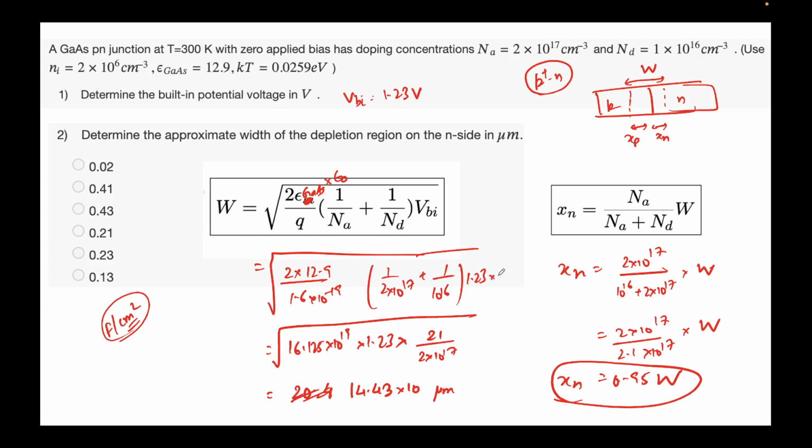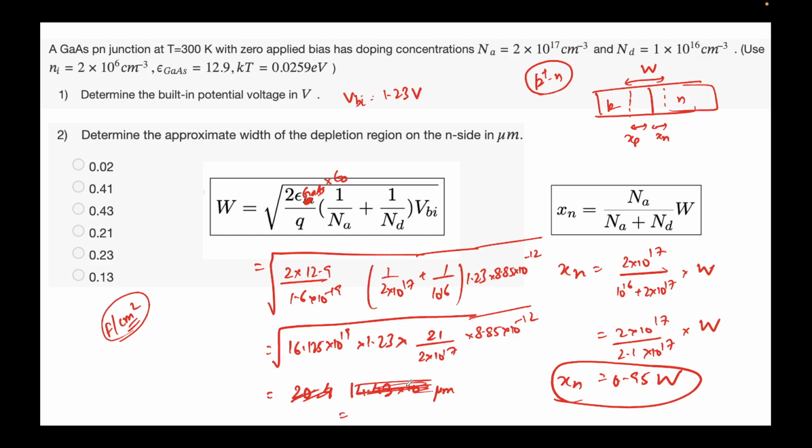So you multiplied that, 8.85 10 to the power minus, can you repeat? Sorry, 14 or 12? 12 farad per centimeter. Okay, so you multiplied this here, and if you do that, you will see it turns out to be something around, let me do this.